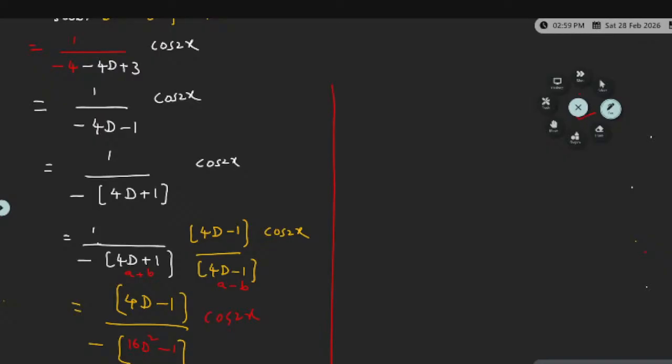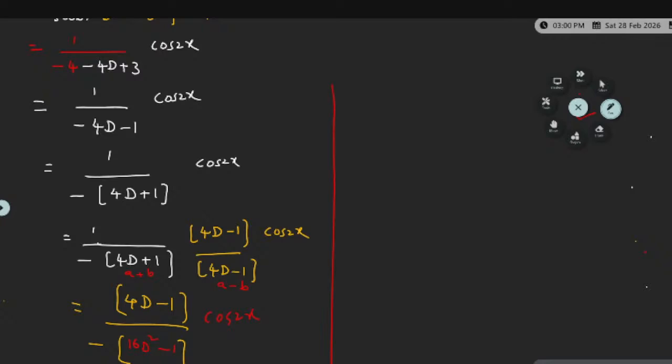4D plus 1 into 4D minus 1 is 4D into 4D, 16D square. 1 into minus 1, minus 1. Here I wait for 1 minute because everyone must understand.